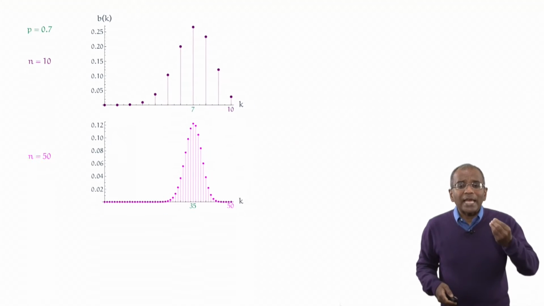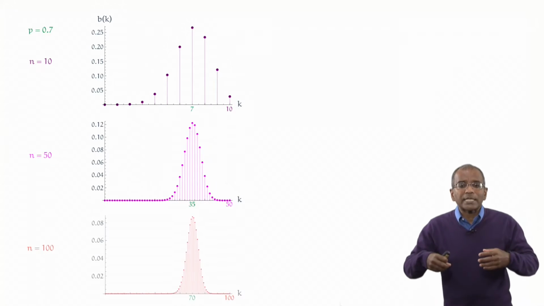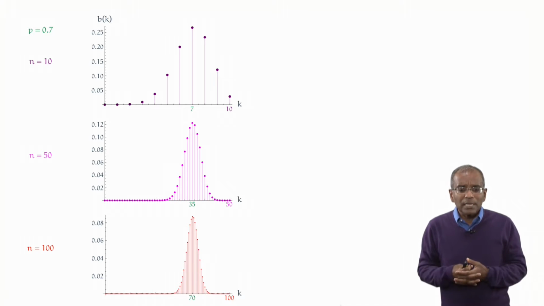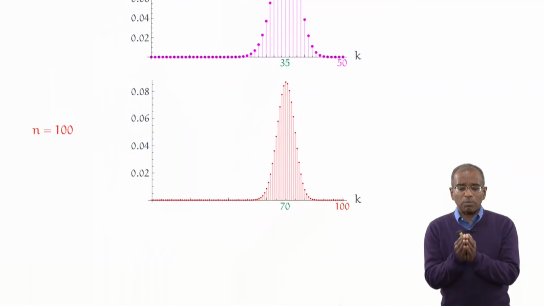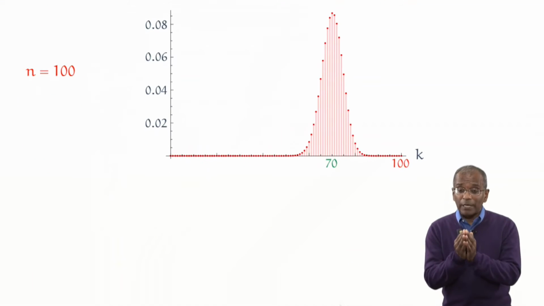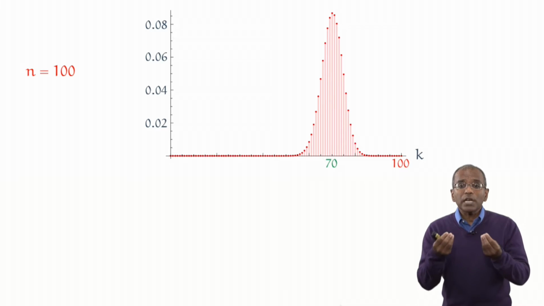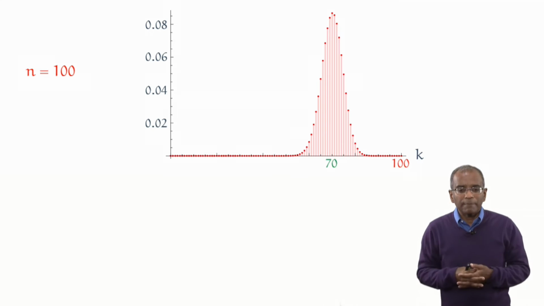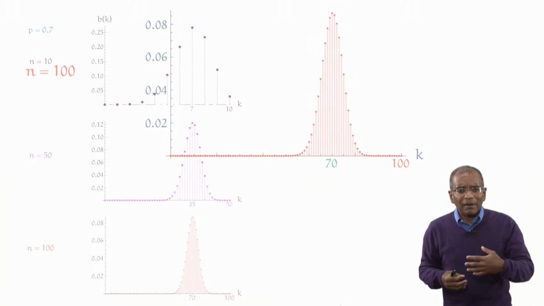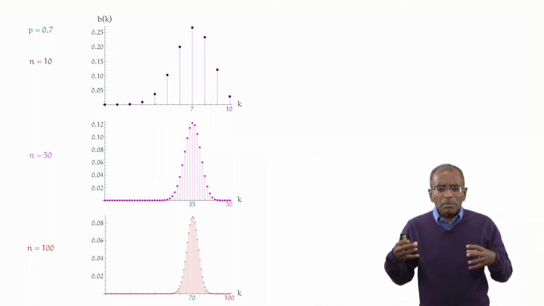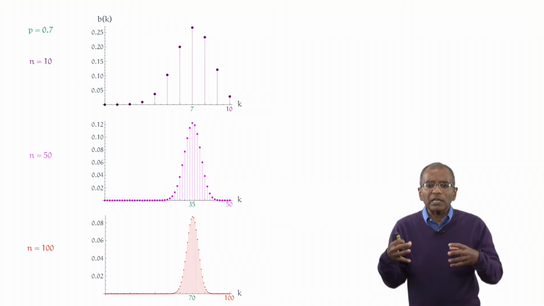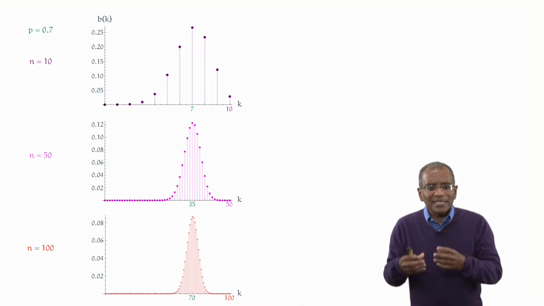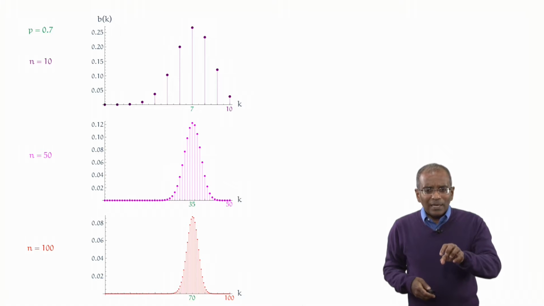If we increase n yet again and look at n equal to 100 trials, now the largest probability corresponds to the expected value of 100 times 0.7 or 70, the probabilities falling on either side. Now it's very clear when one looks at these pictures that the probabilities appear to be getting increasingly clustered around the center.